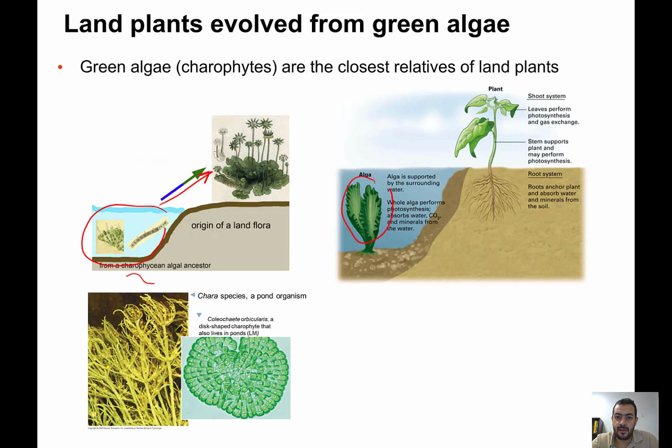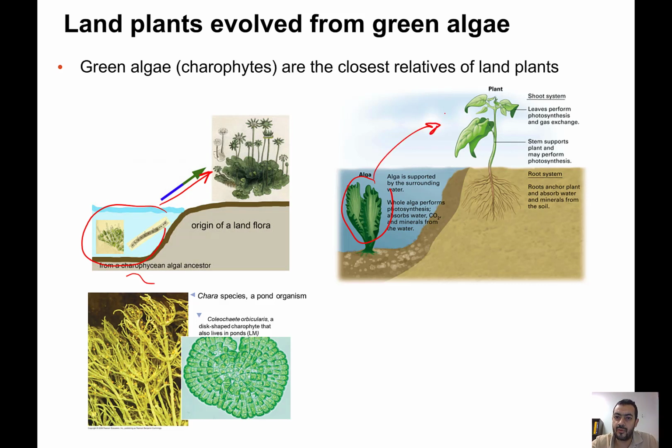So as you can see, this green algae is supported by the water, and they have all the resources, the water, the light, and the nutrients at one place.